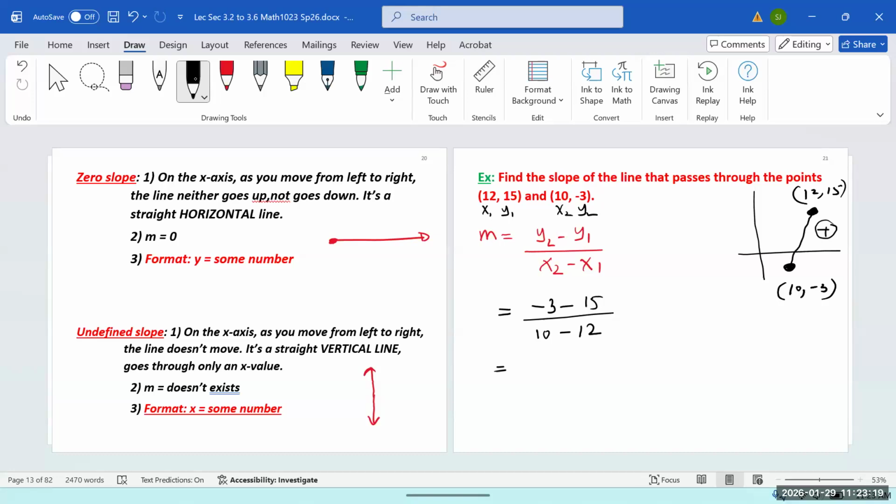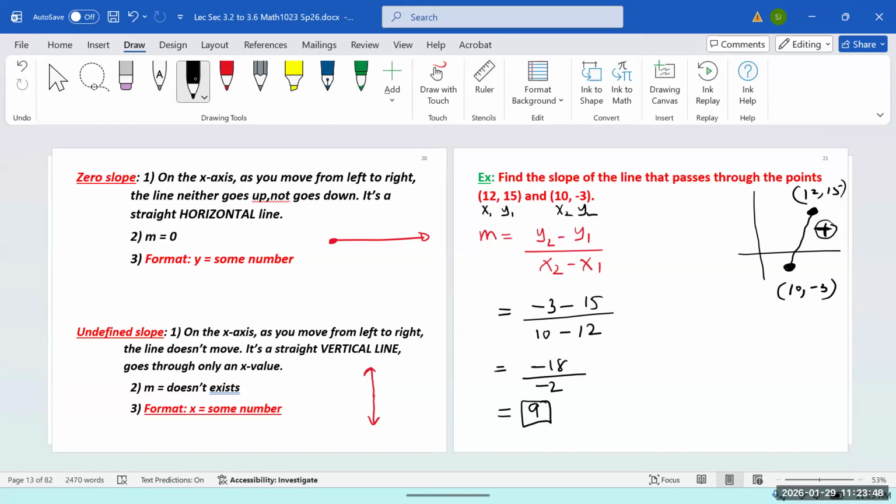How much do you get? -18. And then 10 minus 12, -2. And what is -18 divided by -2? 9. Is 9 positive or negative? Positive. See, we expected to get a positive number. We did get a positive number.